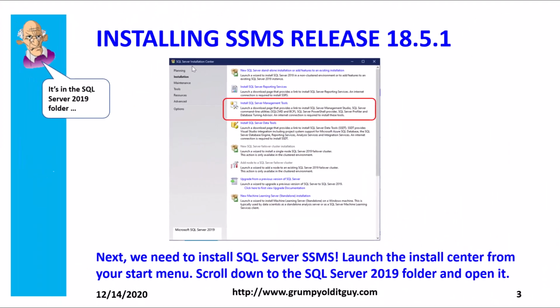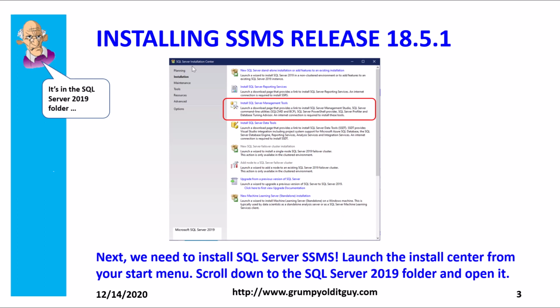Okay, let's install SSMS Release 18.5.1. That's the latest as of this recording, but you should always check to see if there's further releases. Now, it's pretty easy. Just scroll down your Windows Start menu and look for the SQL Server 2019 installer.